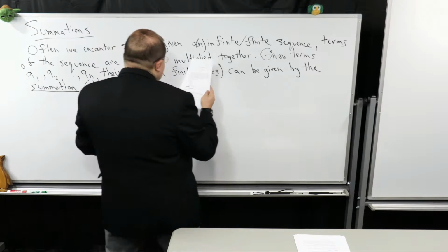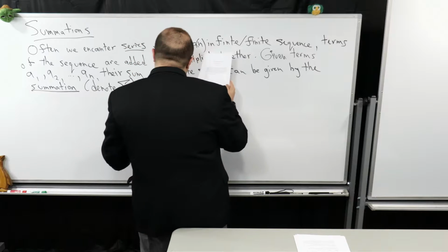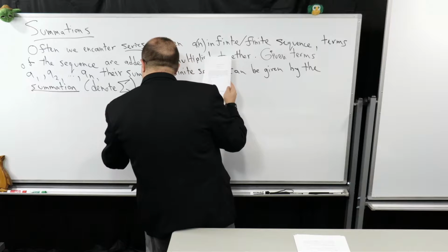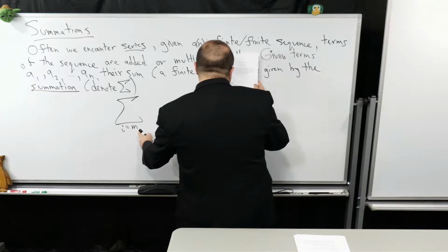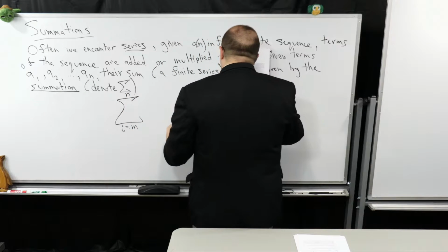So sigma as follows. I'm going to have two numbers here. I'm going to have what we call the lower limit, and we're going to have n here as the upper limit.